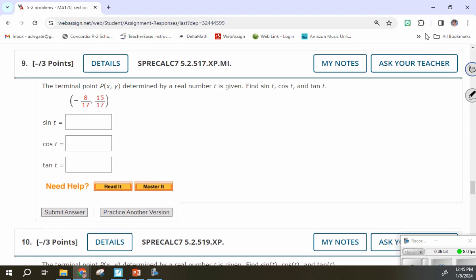All right. I wanted to jump down to one that was a little weirder. Okay, let's talk about this one for a minute. Number 9, the terminal point P is negative 8/17 and 15/17. Okay, don't make this weirder than it is. All right, sine references what? Is it your x or your y? Sine is your y. So sine of t is your 15/17.